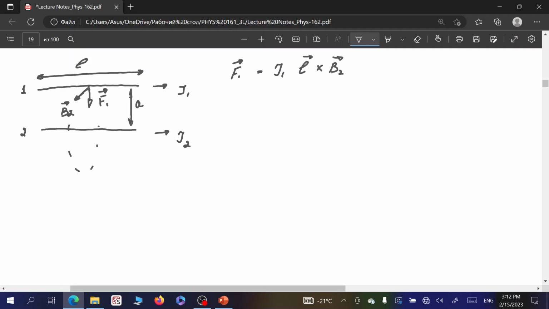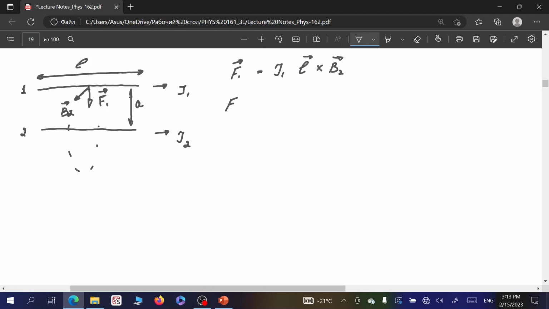The orientation of this force will be towards the second conductor. So it will be some attractive force. The first conductor will be attracted by the second one because of the magnetic field created by the second conductor.